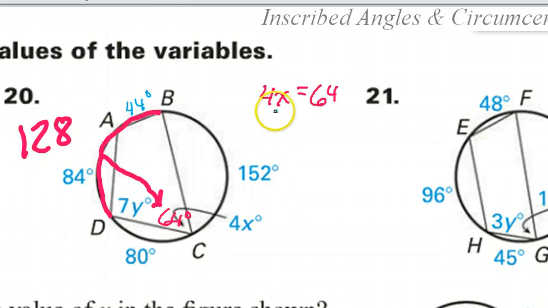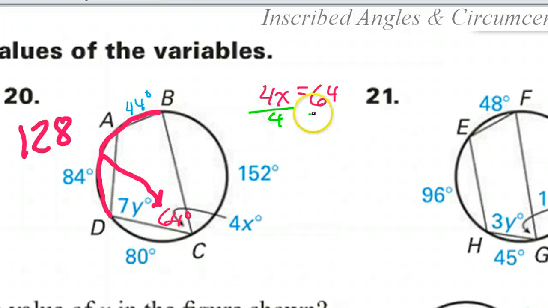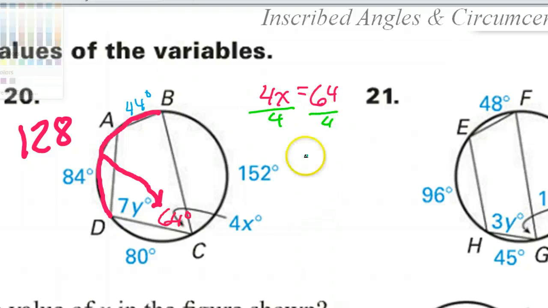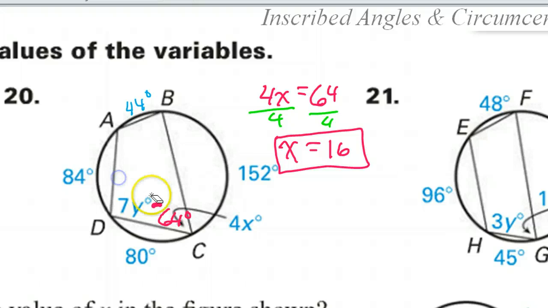So all I have to do is divide both sides by 4. So that's why x is going to be 16. Okay, let's see if we can do something similar for y.